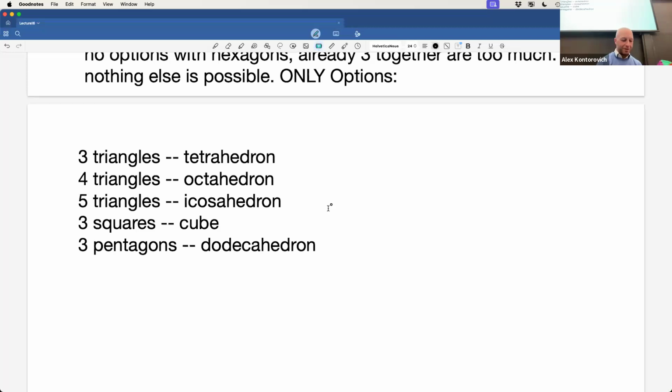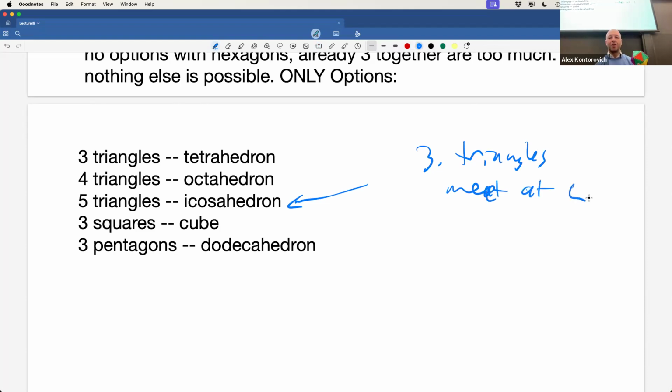This is the icosahedron. It's 5 triangles at each corner. 20 triangles total.